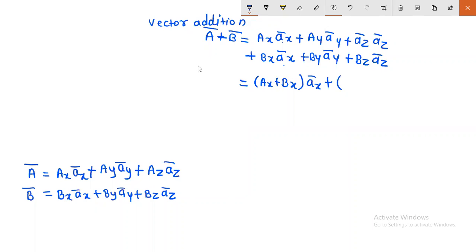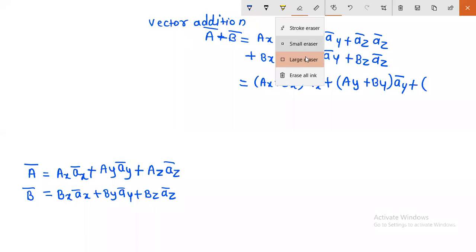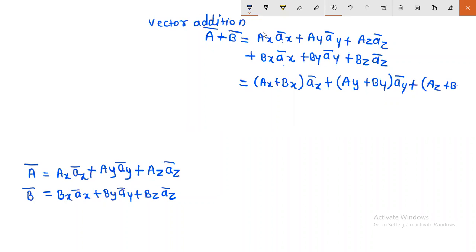So it is ay plus by into a bar y and plus last term, az plus bz into unit vector a bar z.